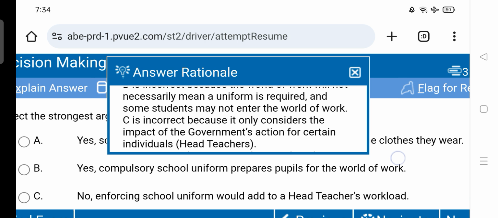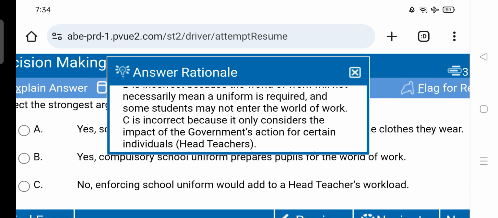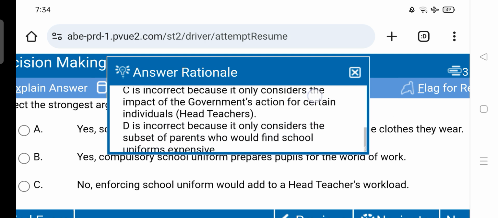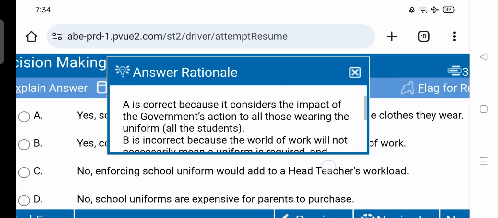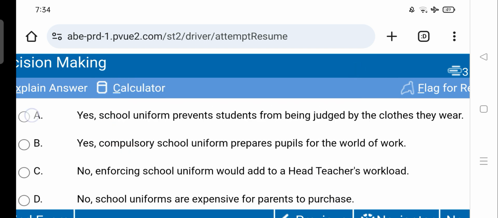C is incorrect because it only considers the impact of the government's action for certain individuals. D is incorrect because it only considers the subset of parents who would find school uniforms expensive. So here option A is the correct option.